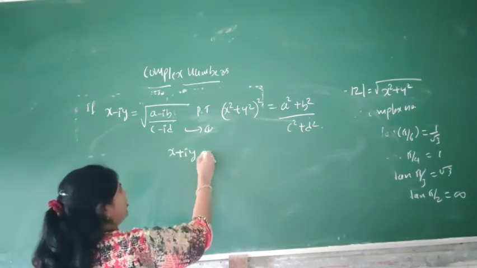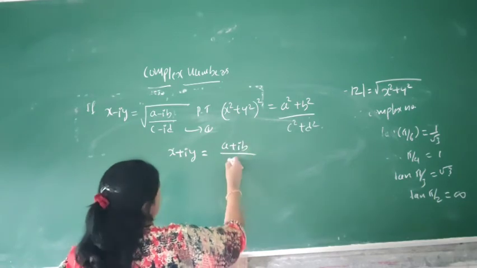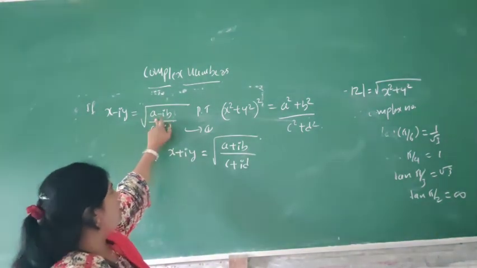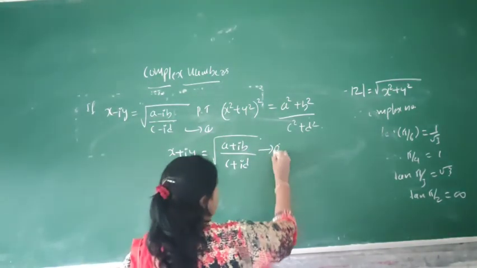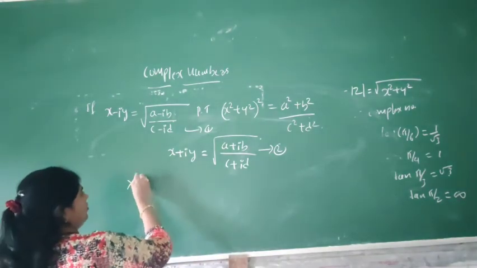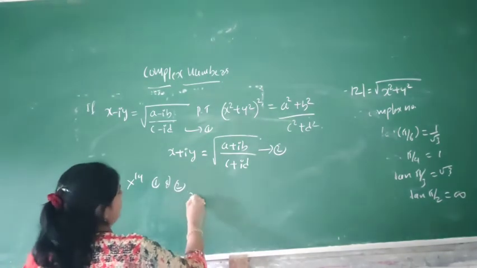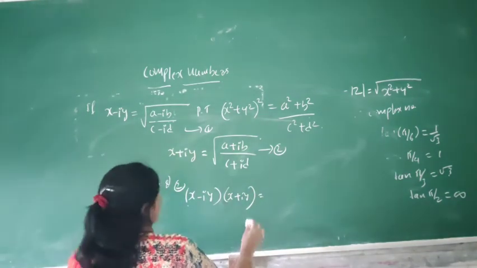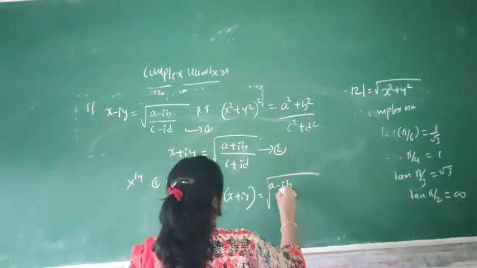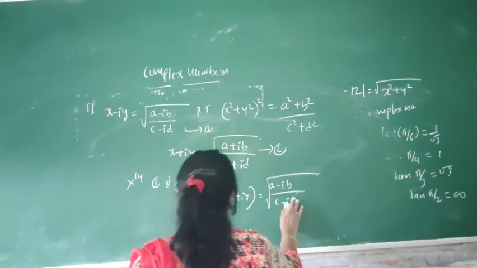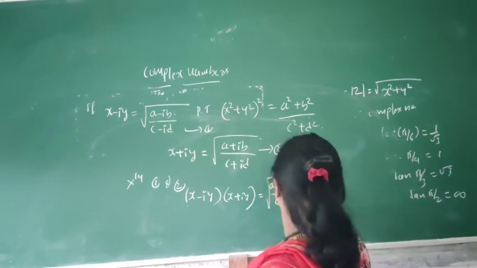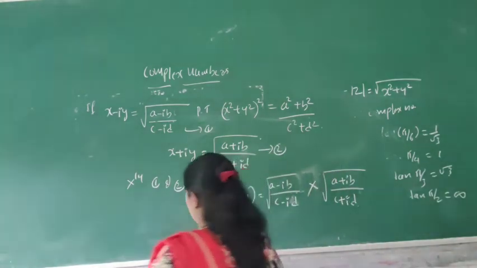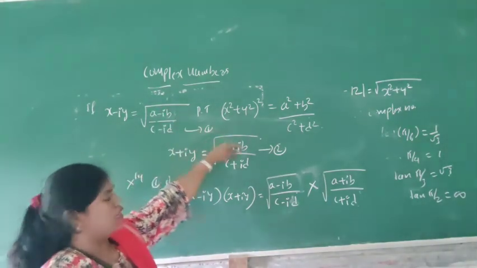The conjugate of x minus iy is x plus iy, so taking the conjugate we get x plus iy is equal to the square root of a plus ib divided by c plus id. Call this equation 2. So multiply equations 1 and 2: x minus iy into x plus iy is equal to the square root of a minus ib over c minus id, into the square root of a plus ib over c plus id.